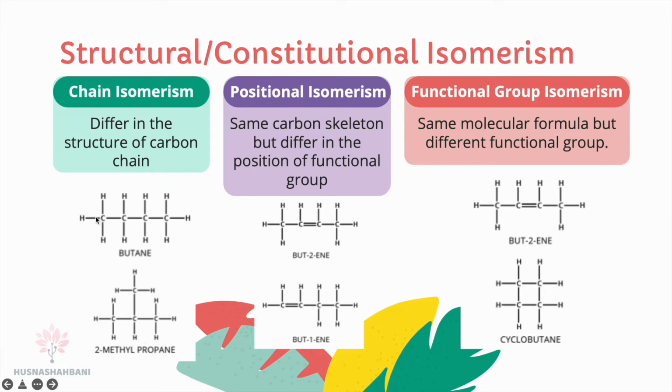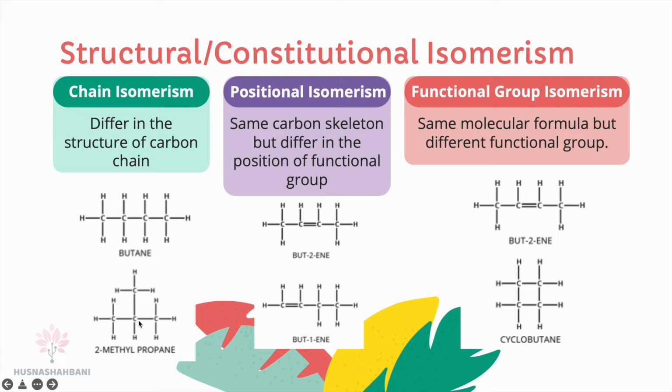Chain isomerism: they have different carbon chains. How do you identify the carbon chain? You look at the longest carbon chain. This one has the longest carbon chain of 4 carbons. And this one has a longest carbon chain of 3 carbons.